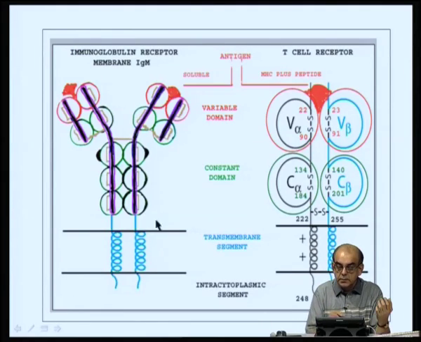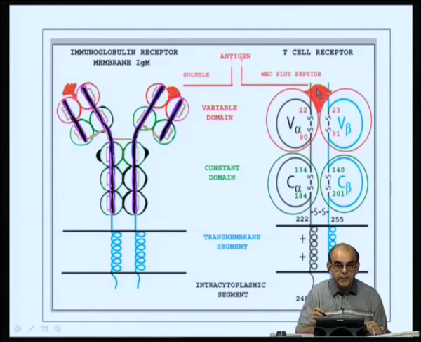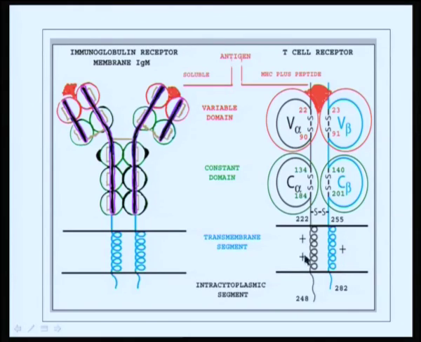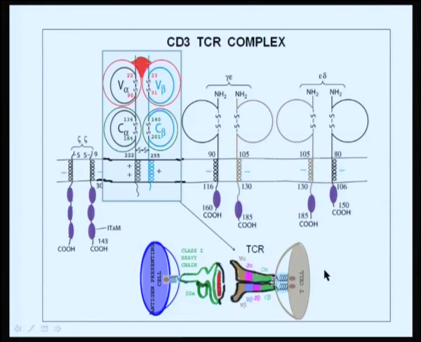These 2 chains are bound by disulfide bonds, and you have a variable alpha and a constant alpha, and a variable beta and a constant beta, both of which have to come together in order to see the MHC plus peptide. These numbers represent the amino acids at those particular positions. In addition, you see that these transmembrane portions are actually charged; they have charged residues. We will come to that a little later in the next slide.